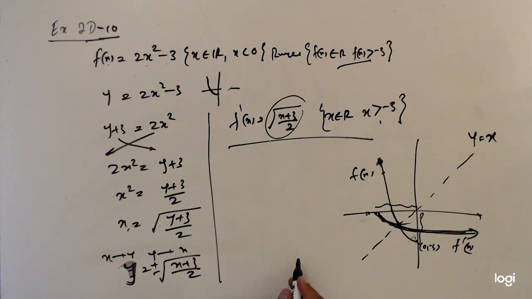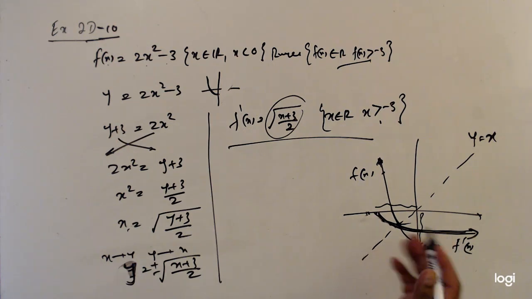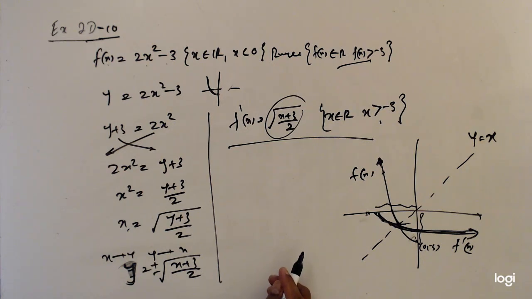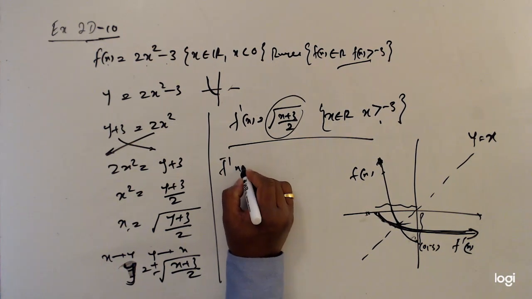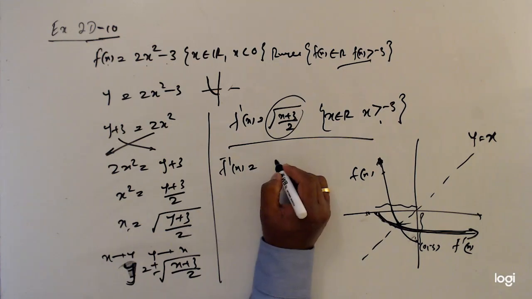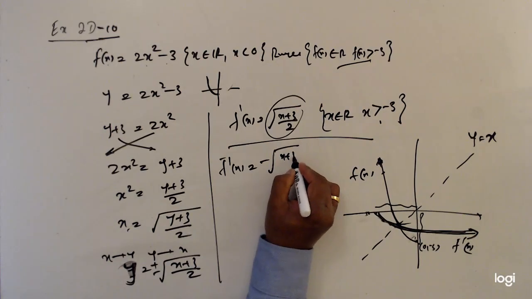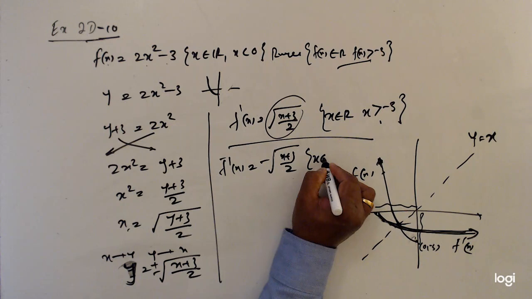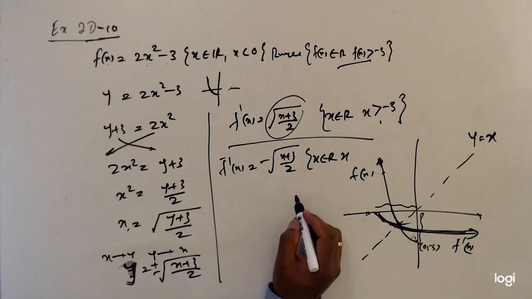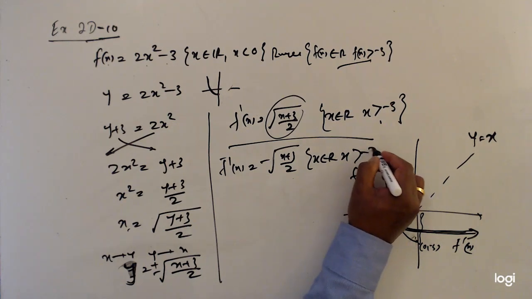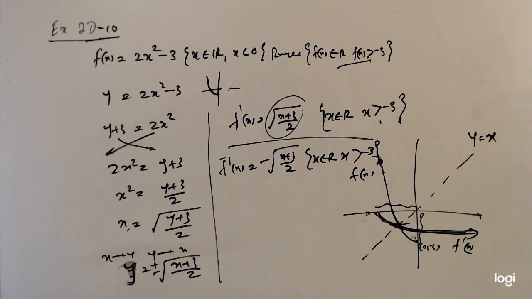And then by looking at the graph, we want to select which one is the correct one. So the answer is f inverse x = negative square root of (x + 3)/2 and x greater than minus 3.